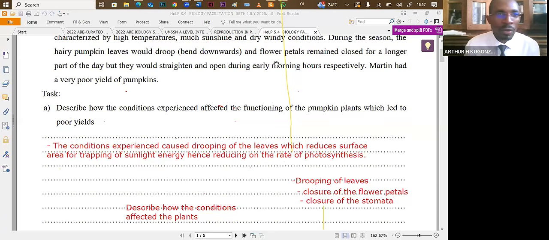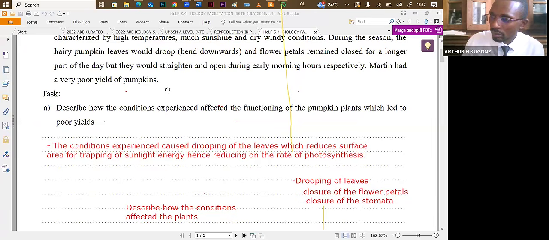Okay, let me now get from Lango College. Lango College, you can unmute. Good evening once again, guys. I have only one concern. From the scenario, it is saying that the flower petals remain closed for a longer part of the day, but they would straighten and open during early morning hours.